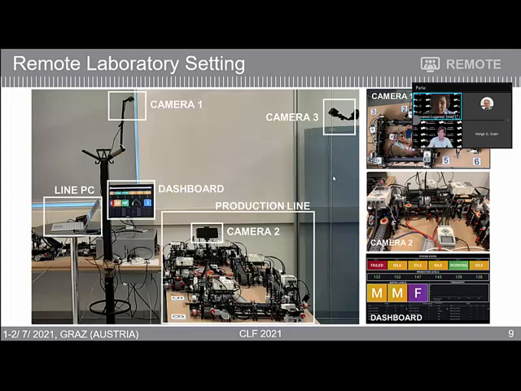So with this tool, they were able to have a better idea of the real system behavior. Here is one of the possible views that they could experience from their side. They could select to watch the dashboard and one of the cameras that we installed in the system.